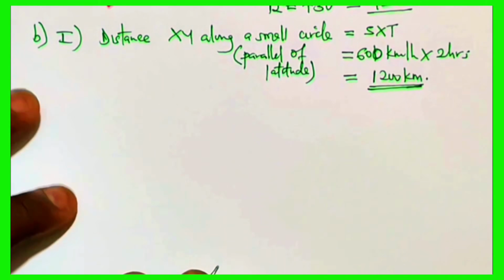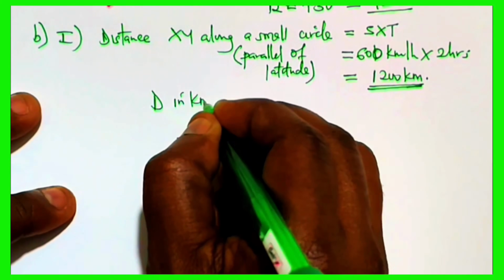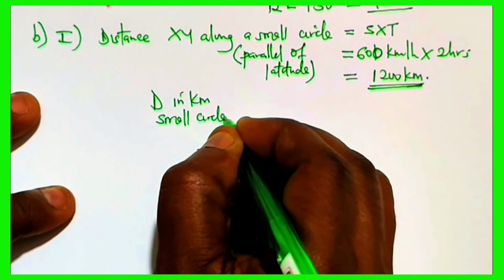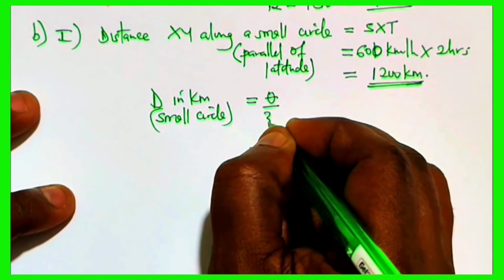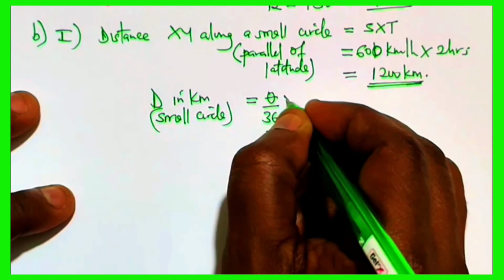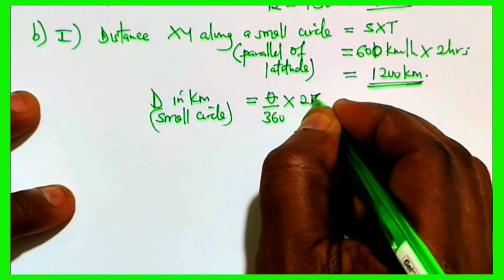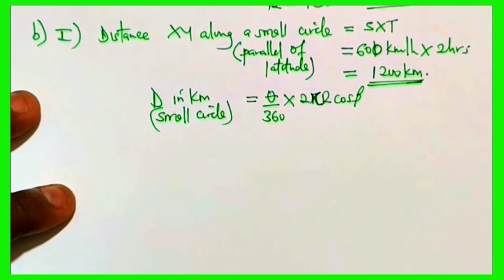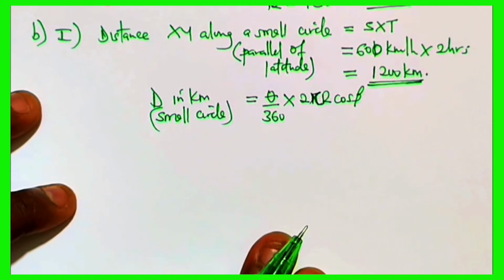So therefore we can say that distance in kilometers along a small circle will be equal to theta divided by 360 degrees times 2 pi R cos beta. So this is the formula for distance in kilometers along a small circle.